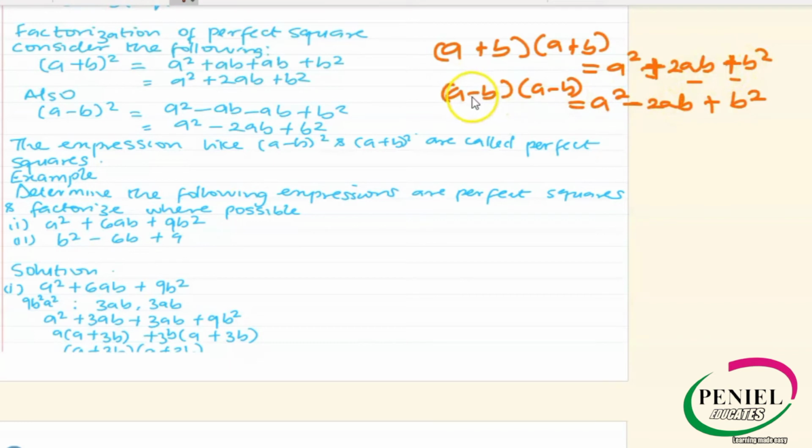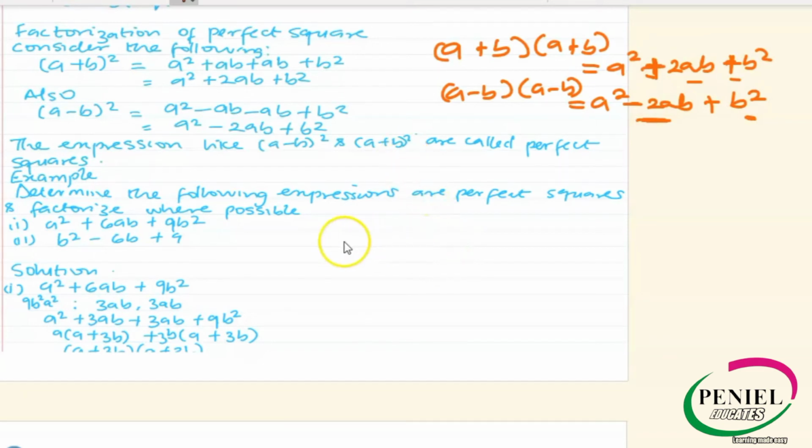But for a minus b, you're going to have a minus 2ab here, and only a positive b squared here. Now, this expression of (a - b) all squared or (a + b) all squared, they are called a perfect square, which is different from the one we did earlier on the difference of 2 squares.